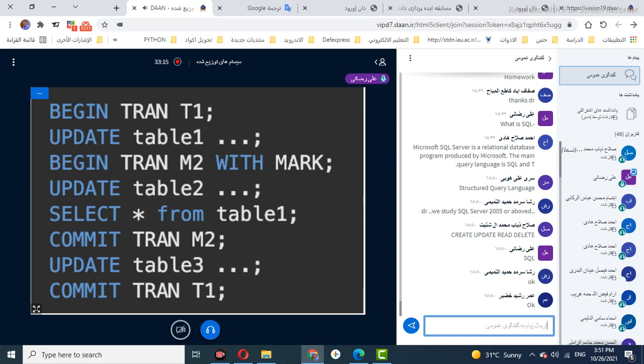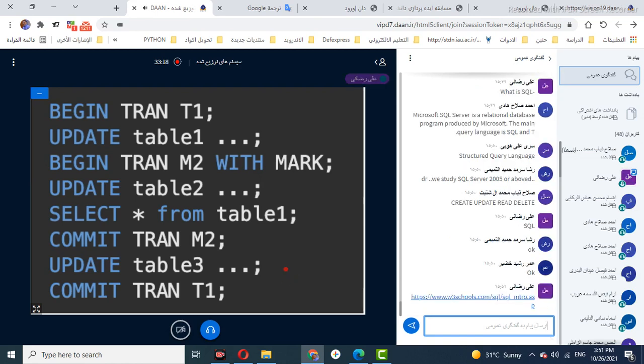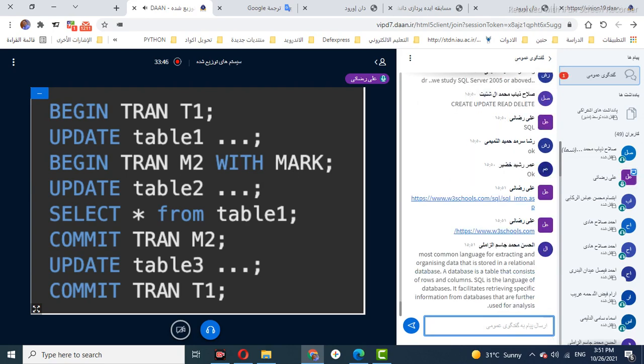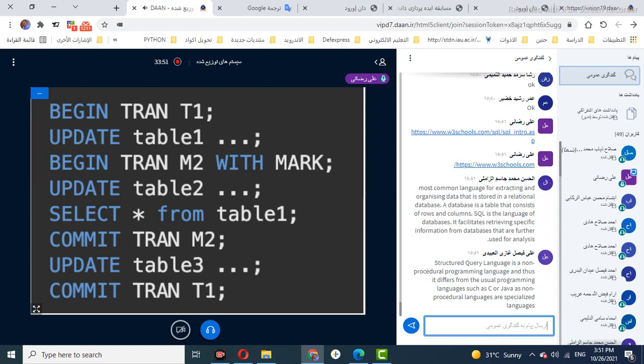You can start from here. W3 Schools can help you to learn some basics of SQL. This website, W3 Schools, should be your friend. You should frequently visit this website and spend your time on it, because as an engineer you must know different technologies to be able to perform real things.